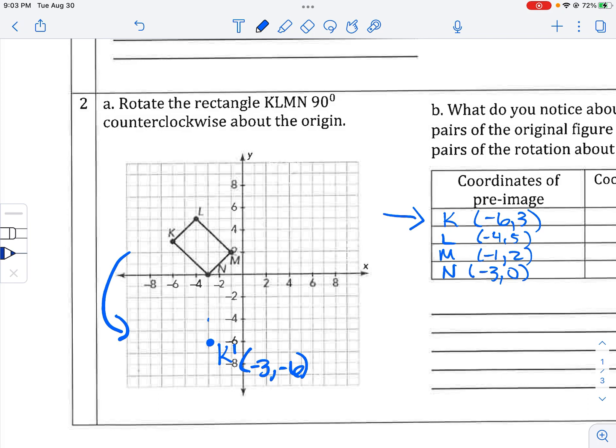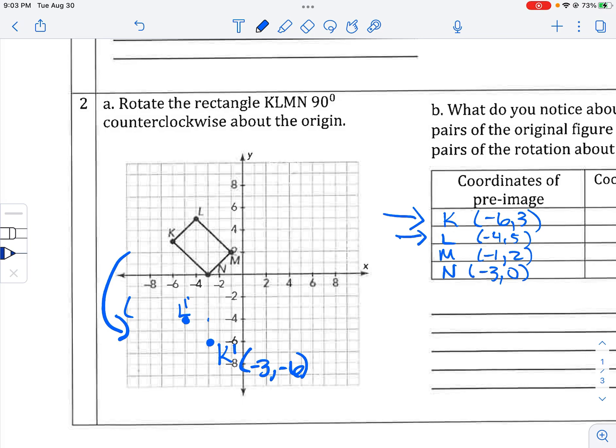Then I have L. Okay, so I look at L, -4, 5. So we're going to switch them around. So 5, 4. So that gets me L prime. And so I'm going to put it over here, I guess.